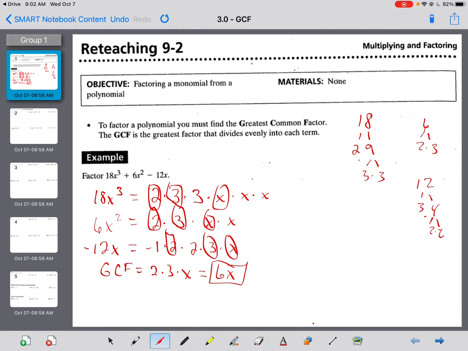Now, if we pull the 6x out, what's left is 3xx. So 3 times x would be 3x squared. What's left here is just an x. And what's left here is the negative 1 and the 2, so minus 2.